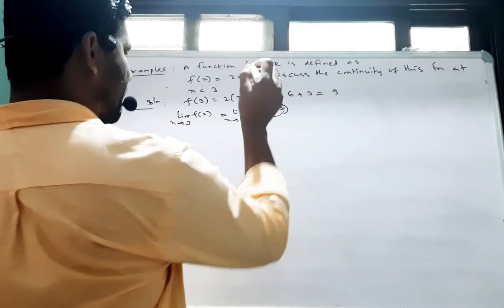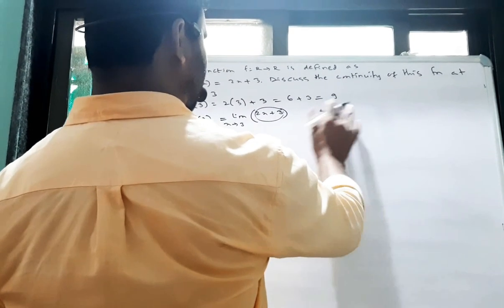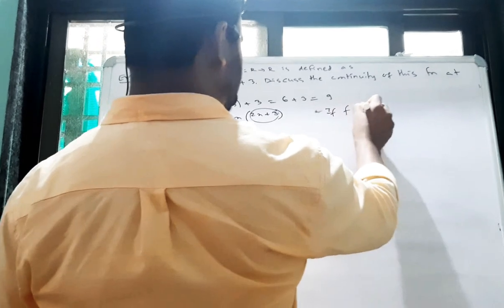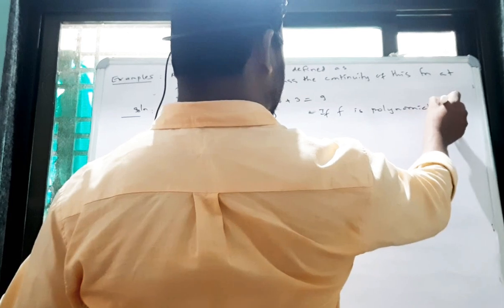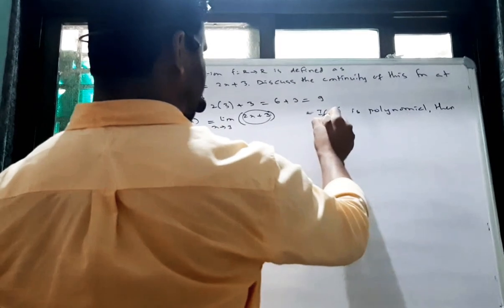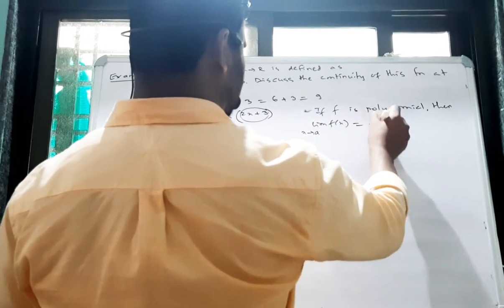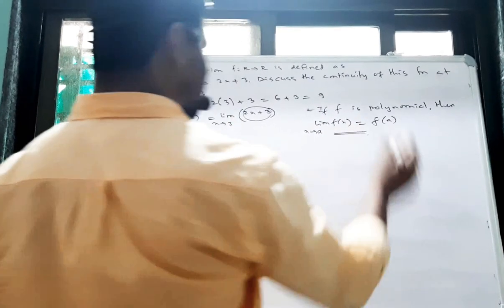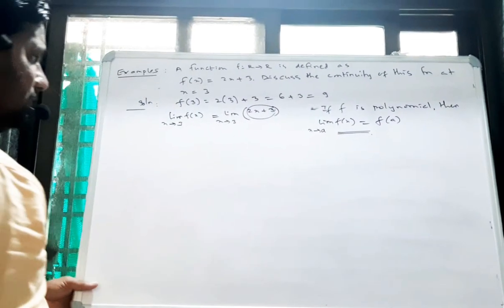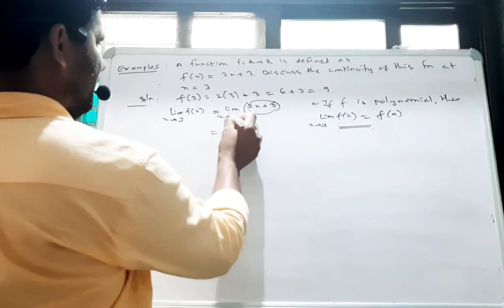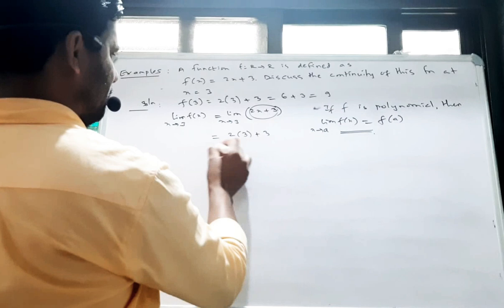So as you studied in first year, if function is polynomial, then limit of the function f of x when x tends to a is equal to f of a. That means the limit of the function is equal to value of the function. So that is got by substituting this x equal to 3 here. So 2 into 3 plus 3, which is equal to 9.